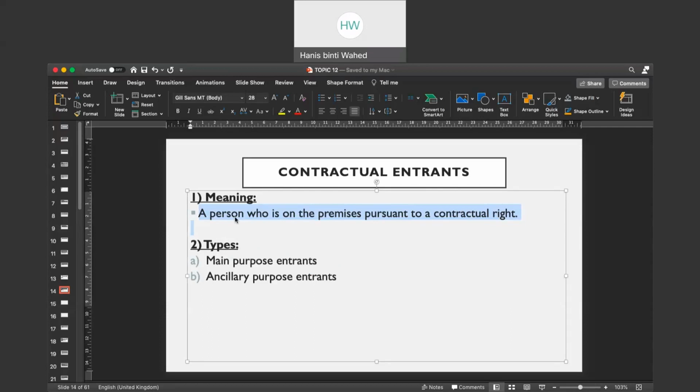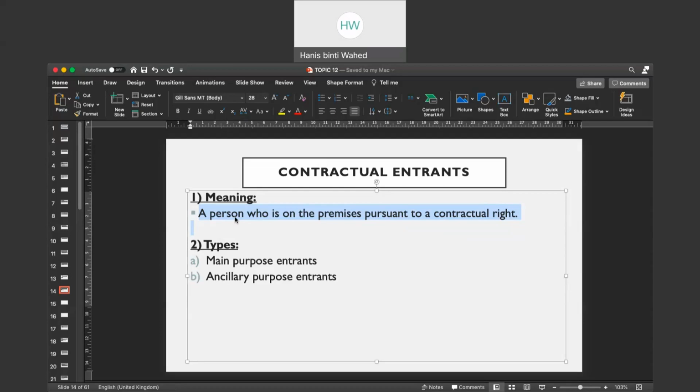For example, if the purpose is to stay at the premises, then the occupier has a duty to ensure that the premises are safe for the contractual entrant. Like a guest in a hotel, the owner of the hotel needs to ensure that the room is safe for the guest, who is the contractual entrant.